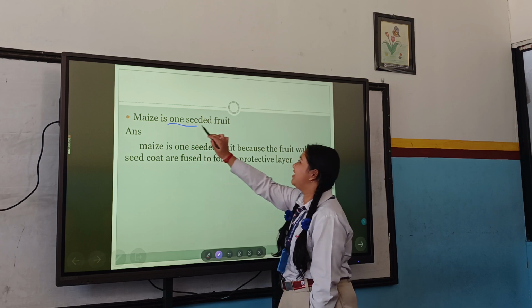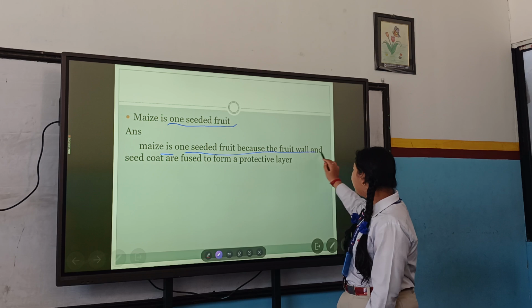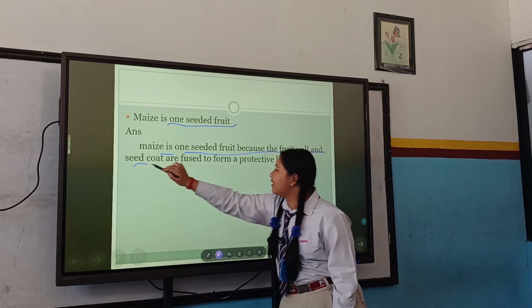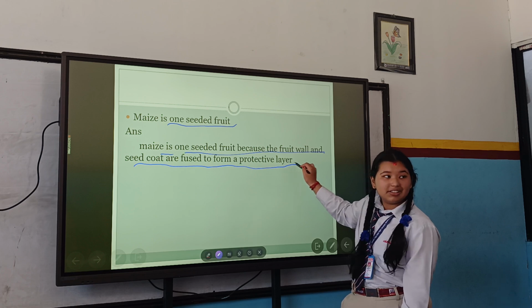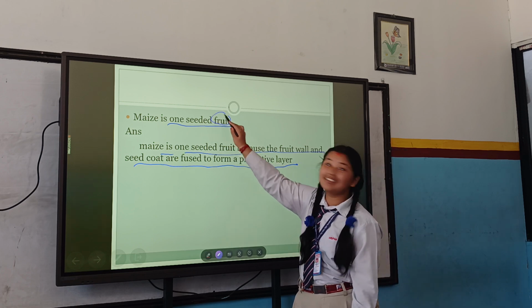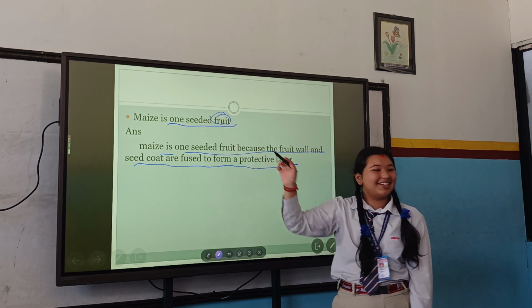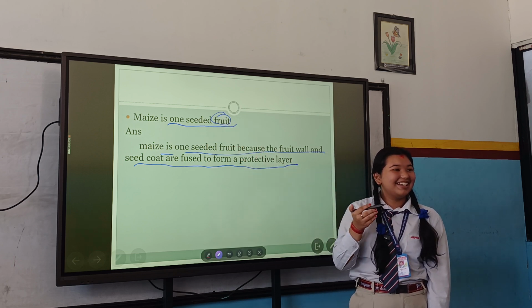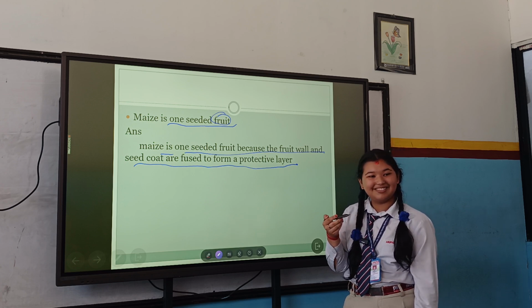Maize is one-seeded fruit because the fruit wall and seed coat are fused to form a protective layer. So, maize is a fruit. This is the question, sir. Question is one-seeded fruit. That's the maize.